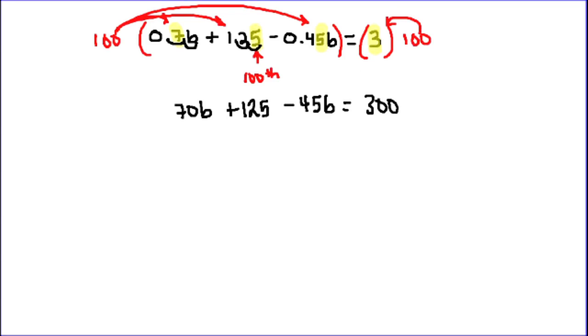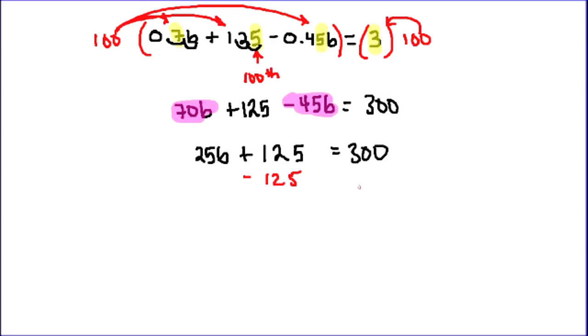I'm now going to do some combining of like terms. I have some b's over here and some b's right there. Let's combine those. 70 minus 45 is 25. So 25b plus 125 equals 300. I'm going to subtract 125 on the left and 125 on the right.